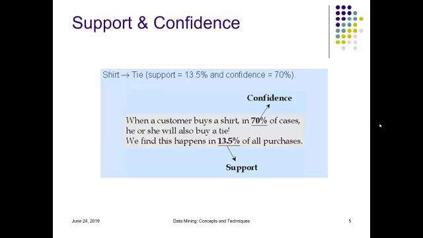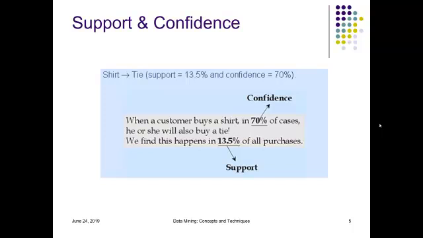The support is given as 13.5 and the confidence is given as 70%. So when we consider the support for this given association rule, that means when we take all the transactions, shirt and tie are involved together in 13.5%, that is called the support.